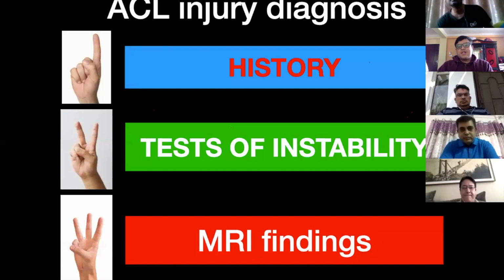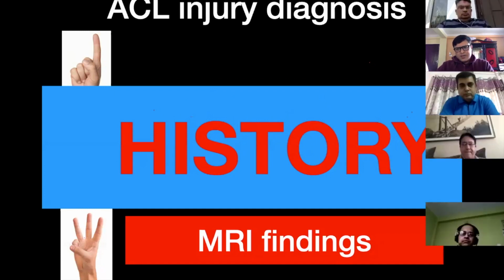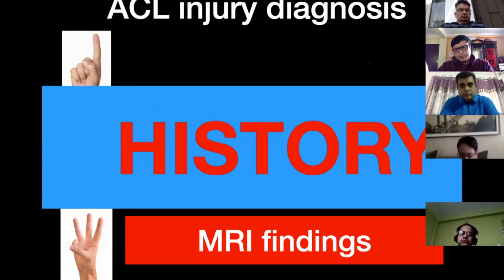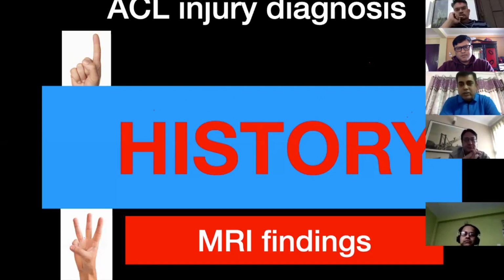My question is, while diagnosing a case of ACL injury, what are the various points in history that you would like to elicit in a case of suspected ACL injury, sir? Nowadays the commonly used criteria is the LIMP index that we commonly follow. We want to know the mechanism of injury, the mode by which he got the injury.